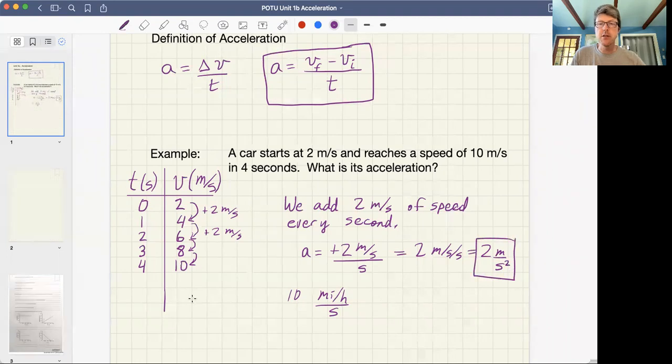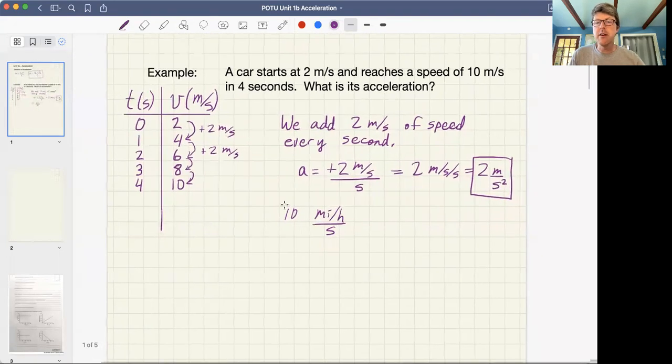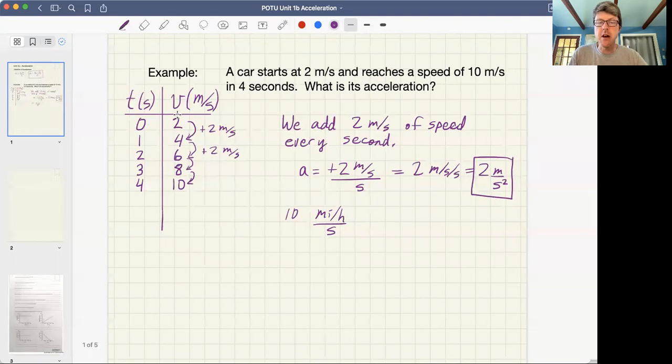Now, I want to point out another way we can figure this out without doing the table. I picked kind of easy numbers so you could see this visually with the table. But the other way to do this is, maybe I'll change the color here, we can actually use the equation approach. So we have a car starting out, the initial speed is 2 meters per second.